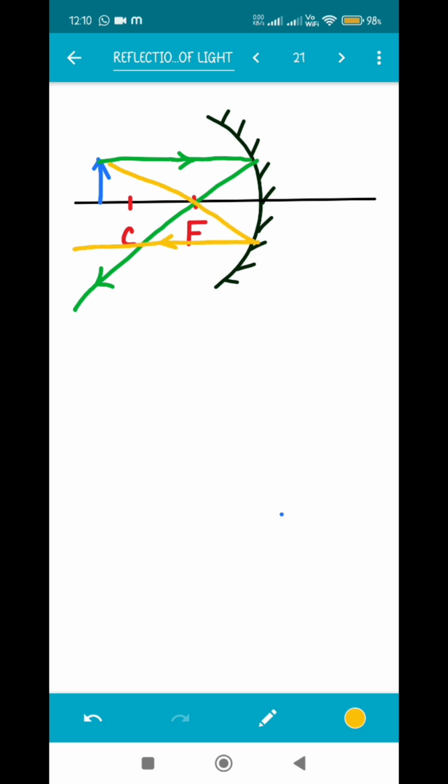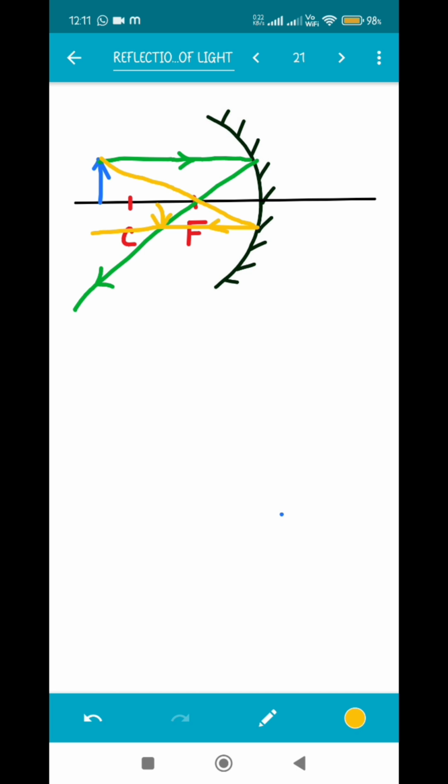Since I am making it directly on a white screen, you might find some discrepancies in the diagram. Let me just correct it for you so that you can understand it perfectly. When you use a ruler, there will be no such discrepancies. You will get the exact correct image. So the image is forming here.